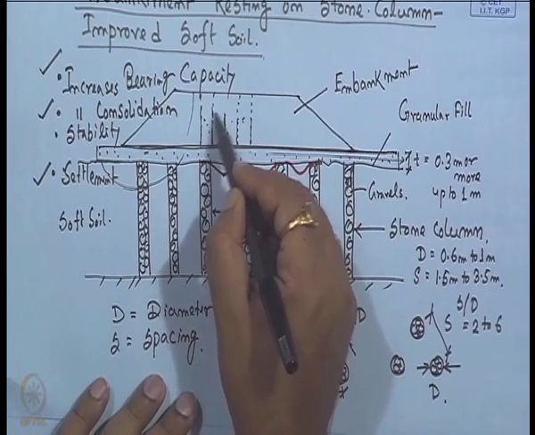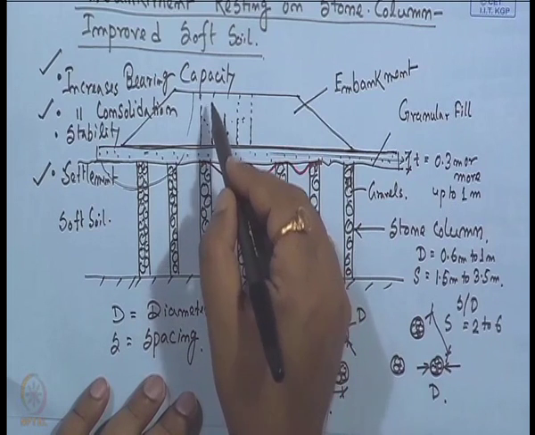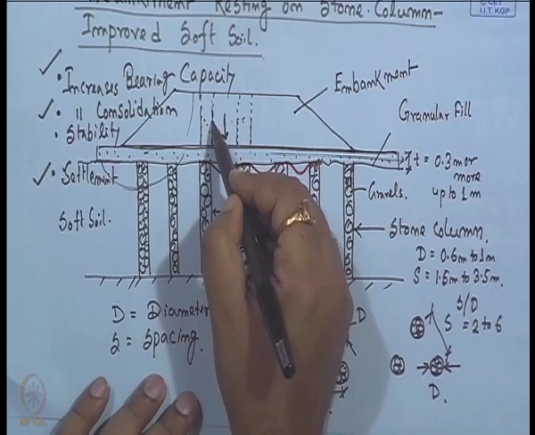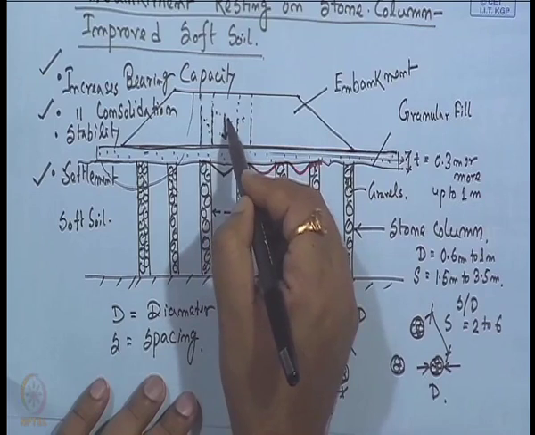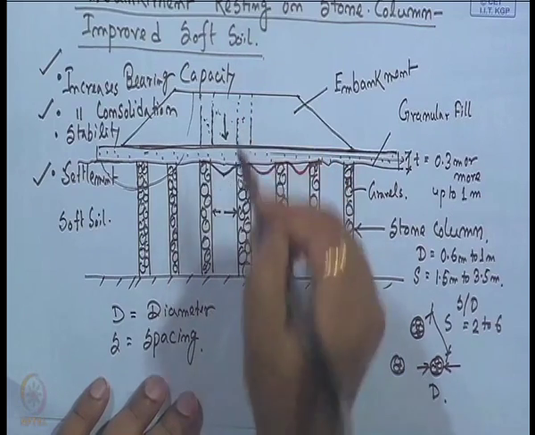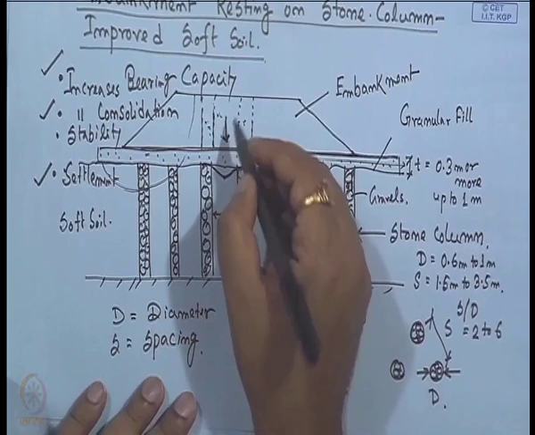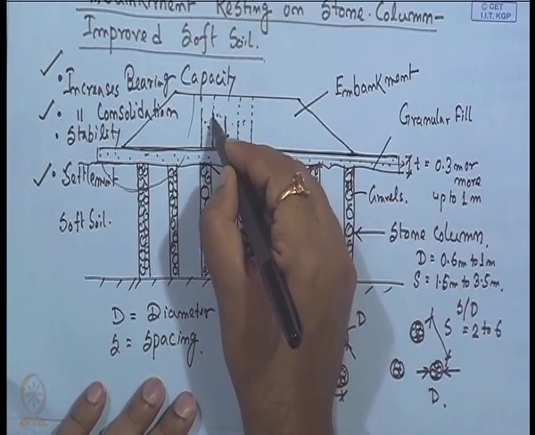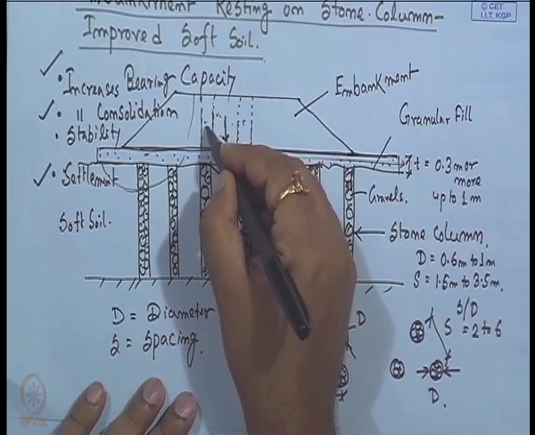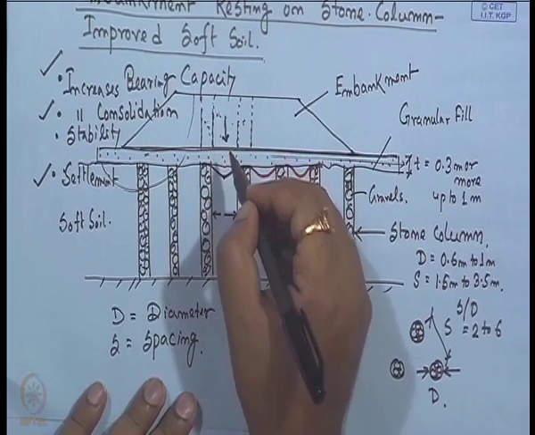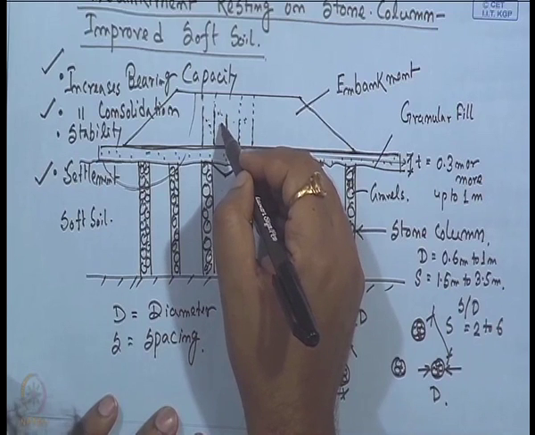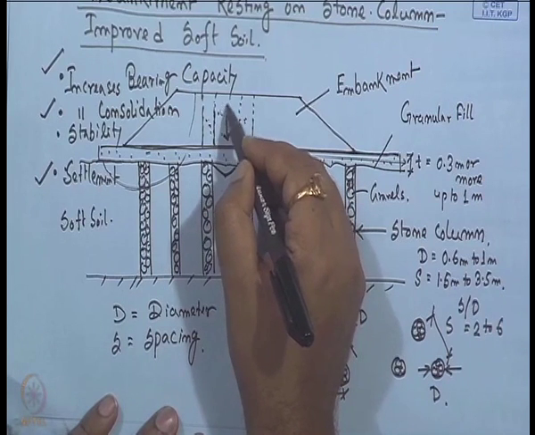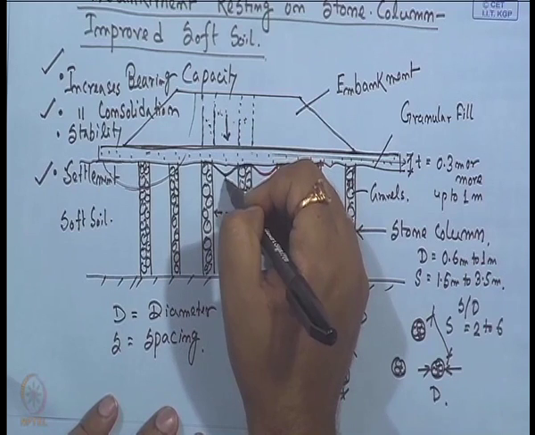Because of the shear resistance, what will happen? The soil of this zone will try to hold some portion of the soil of the center zone. The embankment soil above the stone column region, because of its shear resistance, is not allowing the soil within this region to settle down.